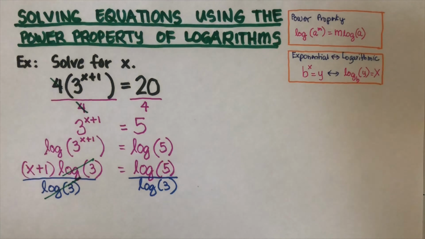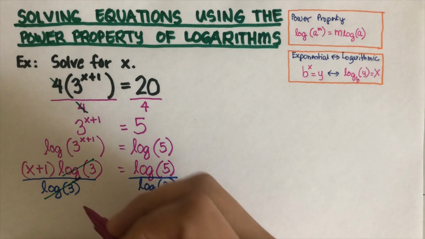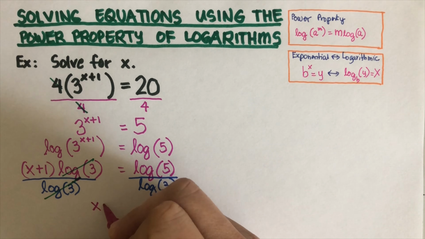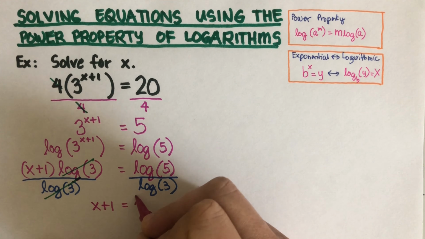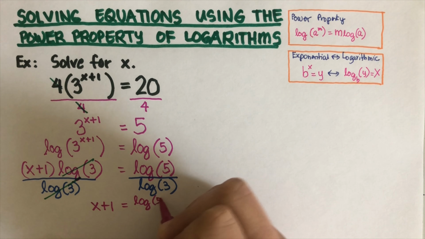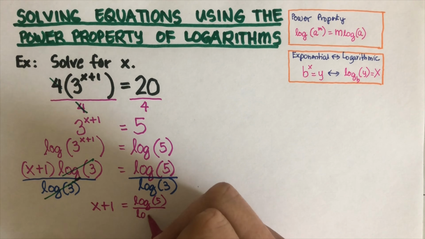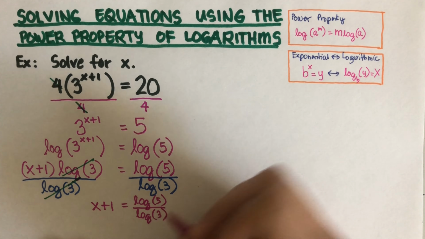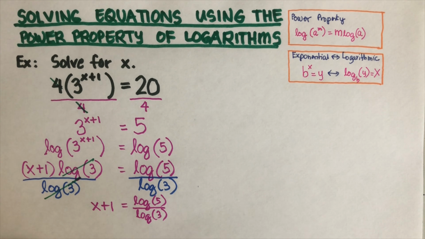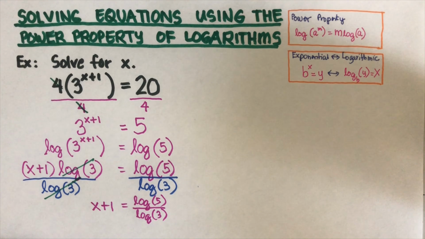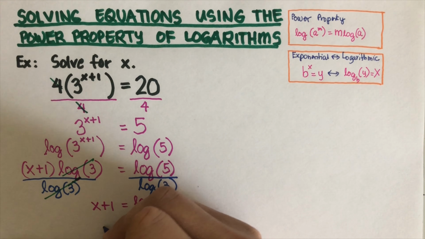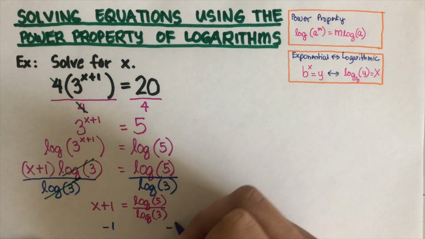Then we are left with x plus 1 equals log of 5 over log of 3. The next step is to subtract 1 from both sides because we want x by itself.